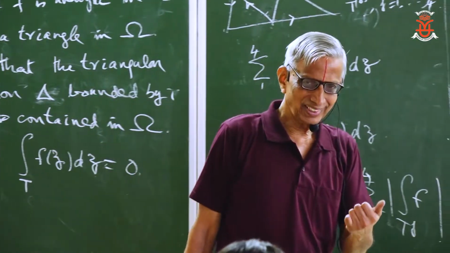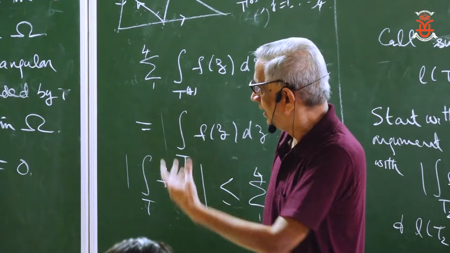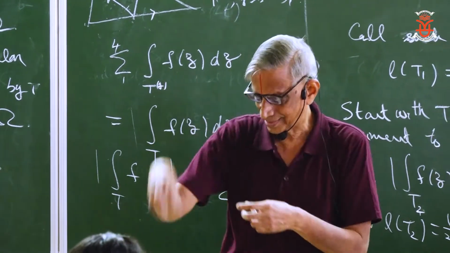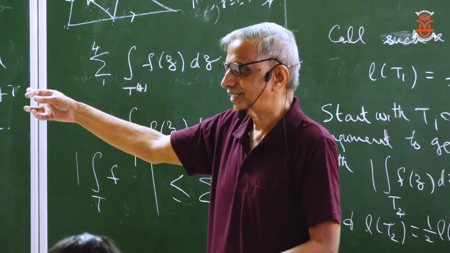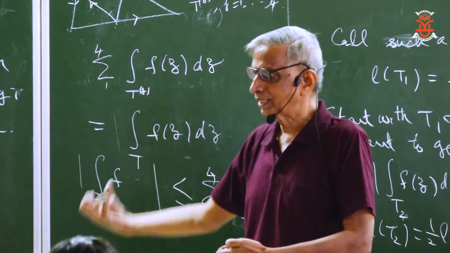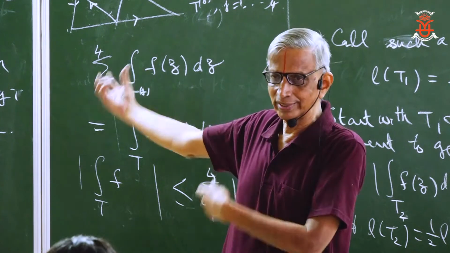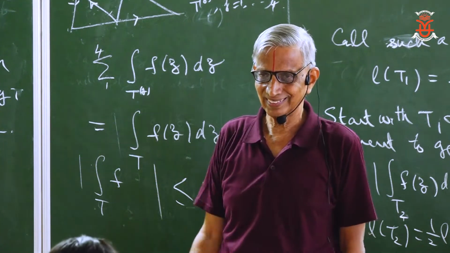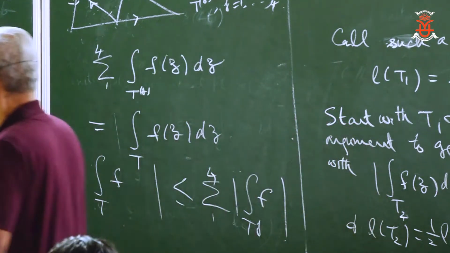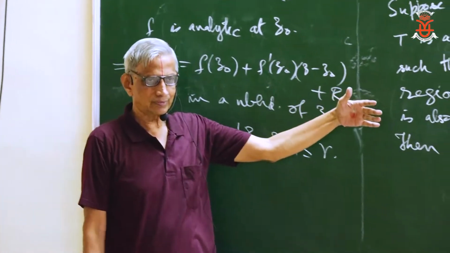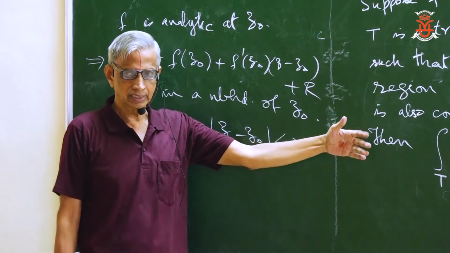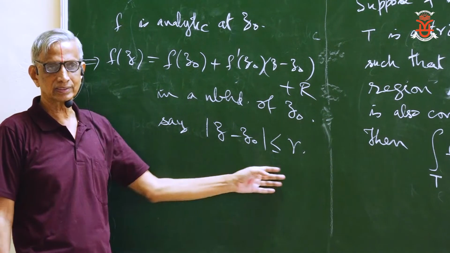But then you see these triangular regions all shrink to 0. So any neighborhood of Z0 will contain all the triangles after some stage, right? So for large enough n, Tn will be contained in this disk.